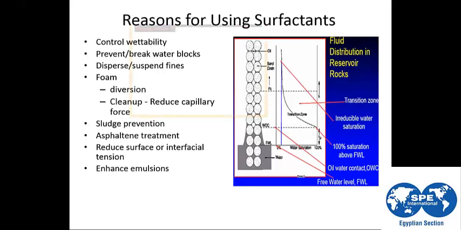To remove this water plug, you need the surfactant to reduce the surface tension between this water and the rock grain, so it is easy to displace this water, and the oil will pass in these pore spaces.